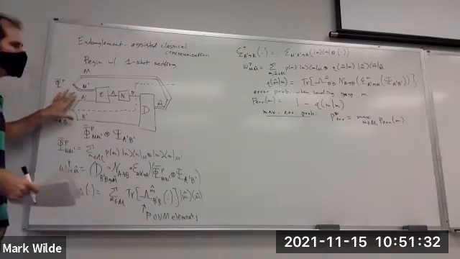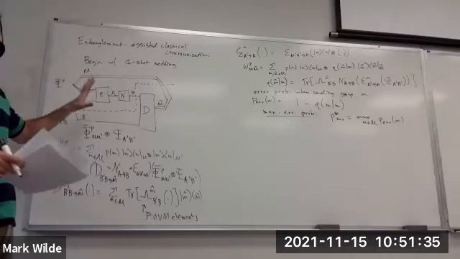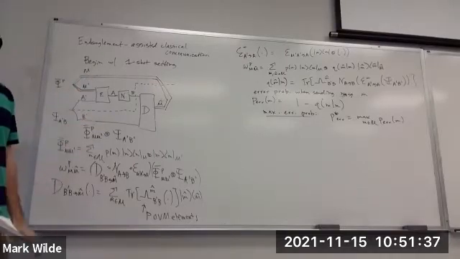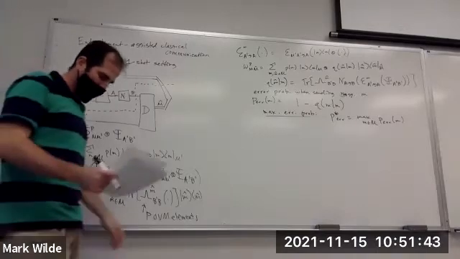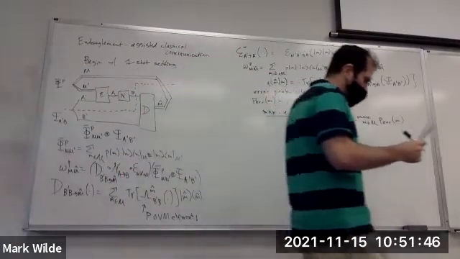We don't question how, in this setting, the entangled state could be prepared in the first place, but that's a legitimate question. In the entanglement-assisted setting, we just assume it's available. All right.